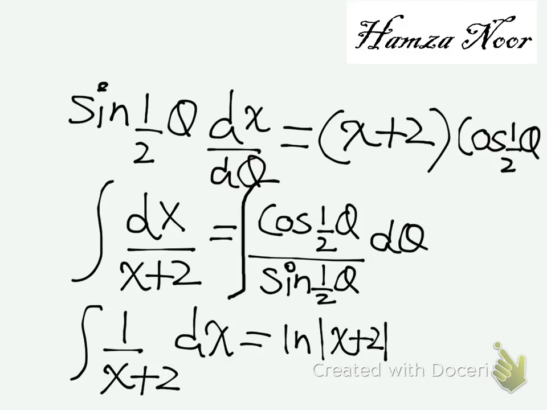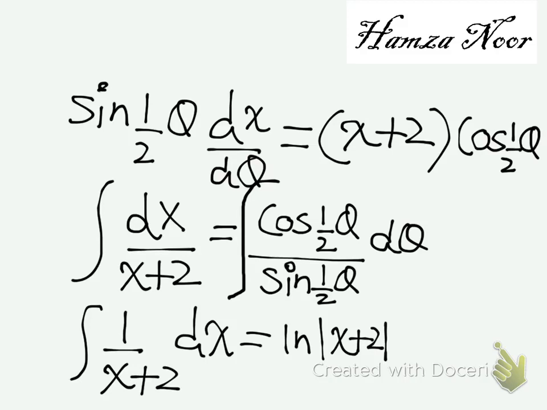But whenever we are in the process of integrating an equation, all you need to do is remove the integral sign and apply the bracket sign only. Alright, then cos theta over 2 over sine theta over 2.